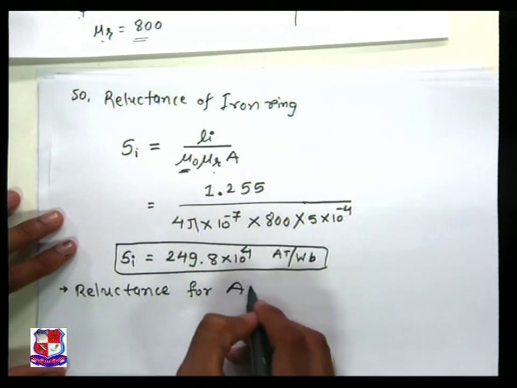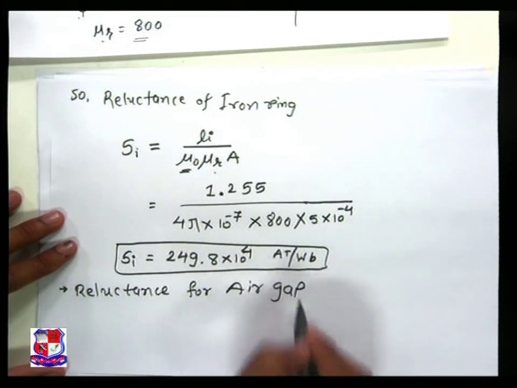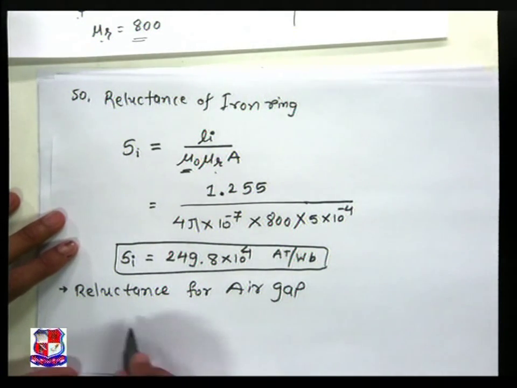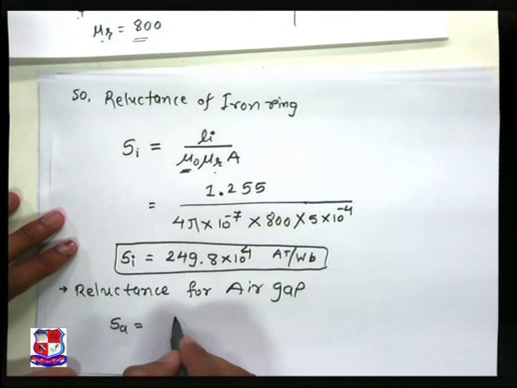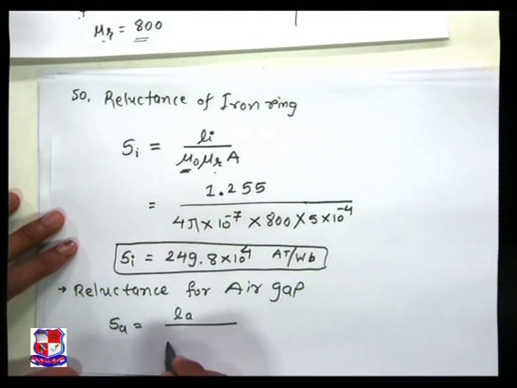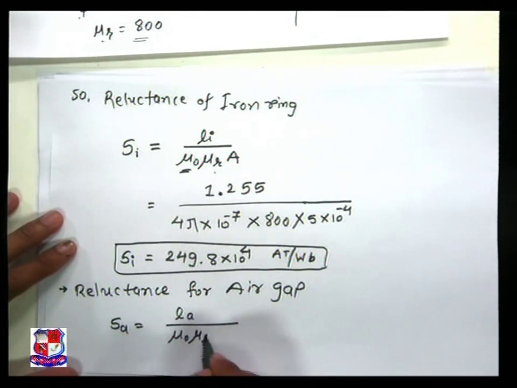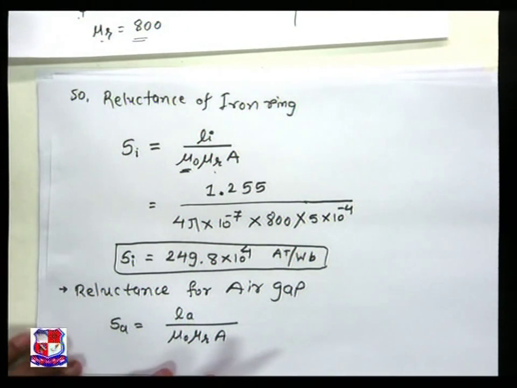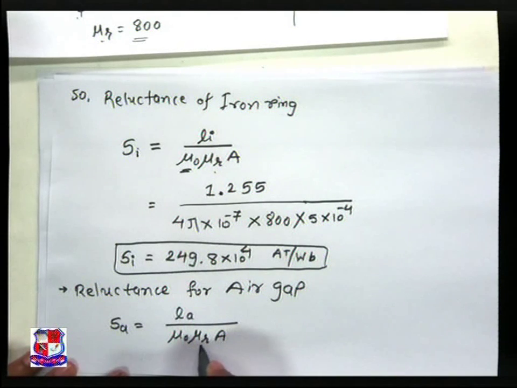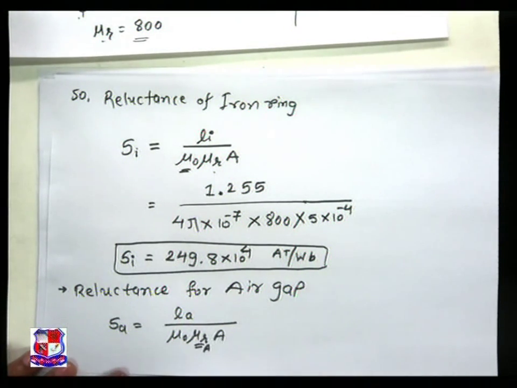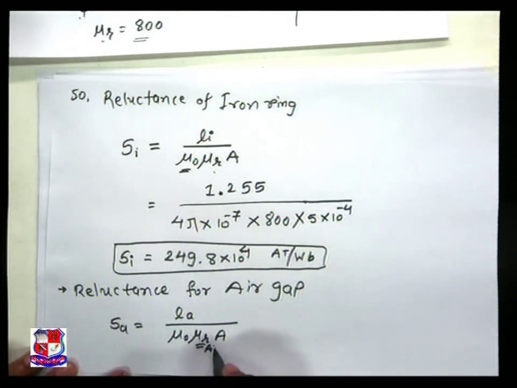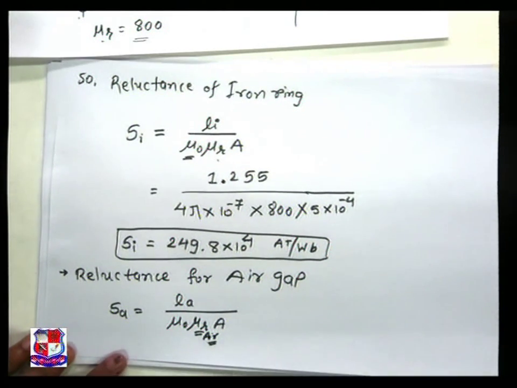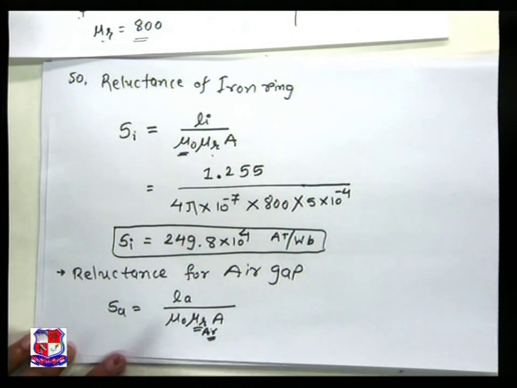A simple equation, SA equals LA upon mu 0 mu r A. Now see, here we have mu 0 into mu r. It is the relative permeability of air. So the relative permeability of air is always 1.